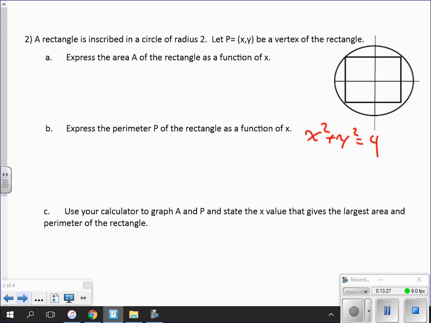Now, every coordinate on this circle is (x, y). I don't want y. I want everything in terms of x only. No y's, just x's.